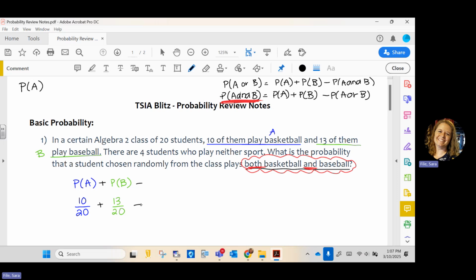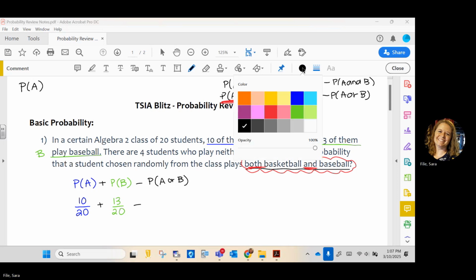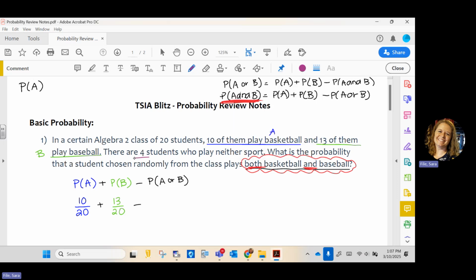But then I have to subtract the probability of A or B, if they play basketball or baseball. To get that part, I have to think a little bit because they tell me up here there are 4 students who play neither. So out of 20 students, if 4 of them play neither, how many does that leave?